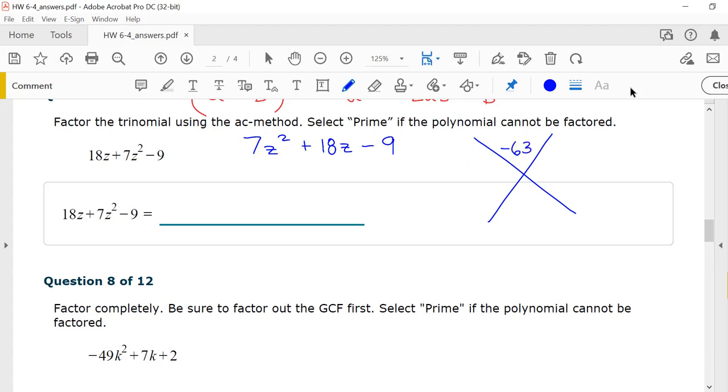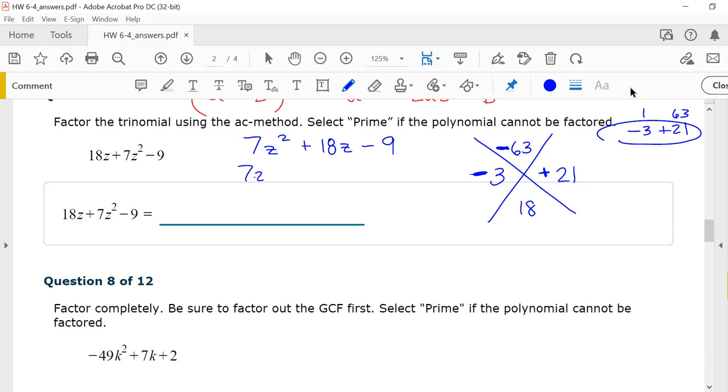The number on the bottom is 18. 63, 1 and 63, 3 and 21, and that's what we need. We can stop. Okay, the number up top is negative, so one's negative, one's positive. If I do positive 21, negative 3, that adds up to 18. So negative 3, positive 21.